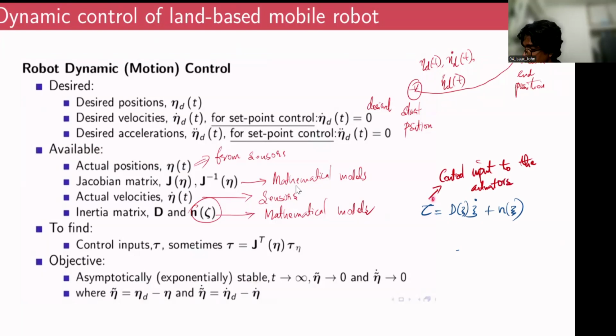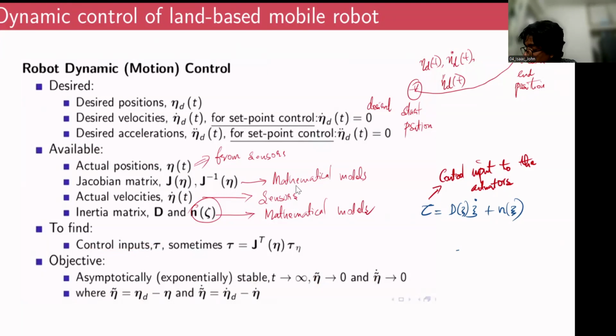So we have to determine this tau vector so that it satisfies some conditions. Our objective is to find this control input tau. And our objectives are that the position errors and the velocity errors should asymptotically converge to zero.